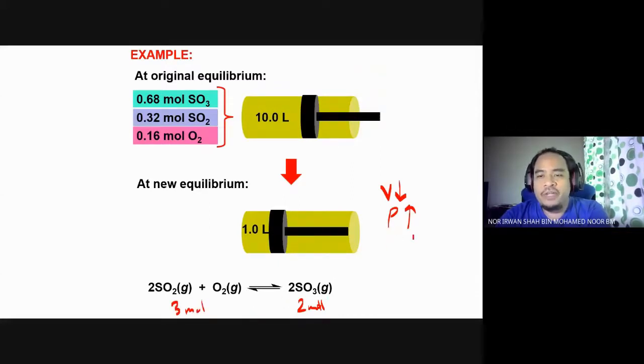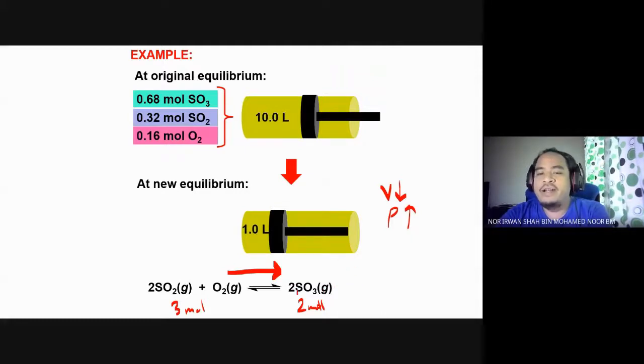So in order to decrease the pressure, the system will shift to the side with fewer moles of gas. In this case, the system will shift to the right.